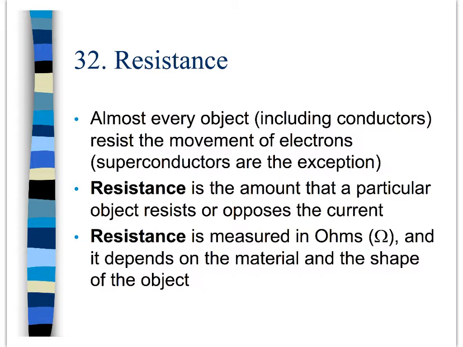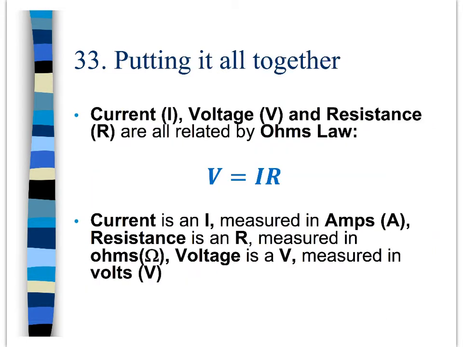We measure resistance in units of ohms, which is symbolized here by omega, the Greek letter omega. How much resistance we have is not something we're going to talk that much about, but it depends on the material of the object, and its shape: what is its cross-sectional area, what is its length, lots of things about its geometry and what it's made of. That's what really affects the resistance, but we're not really going to get into that too much this year.